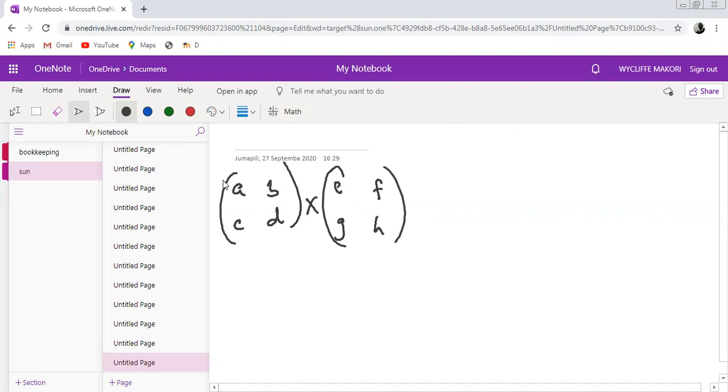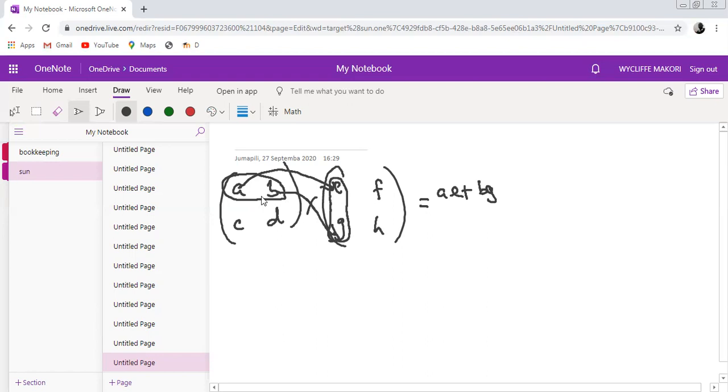The first row of the first matrix will start by multiplying the first column, whereby this first element here will multiply this, and this one will multiply this. So this is the same as A multiplies E, so we are going to have AE plus B multiplies G, so we have plus BG, so that we can have that element there. So the first row will multiply like that.